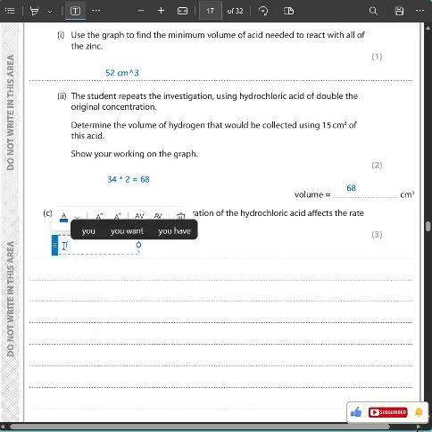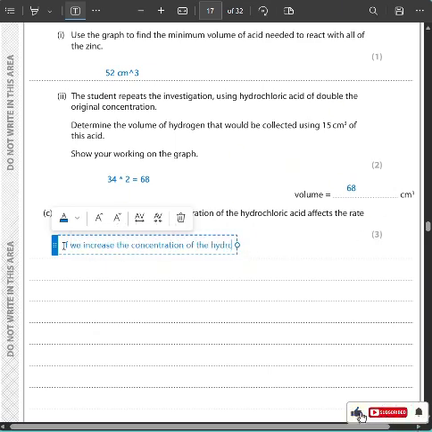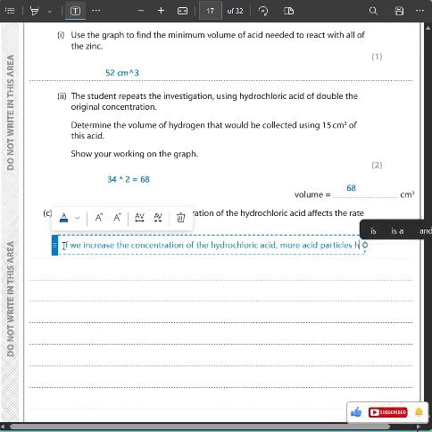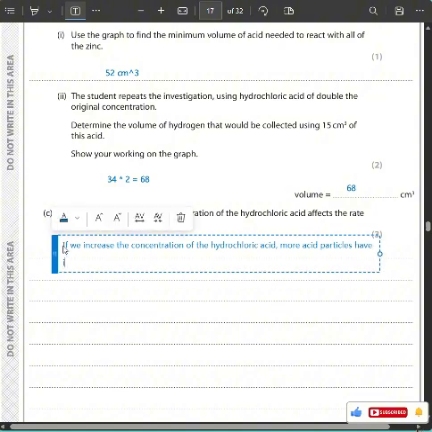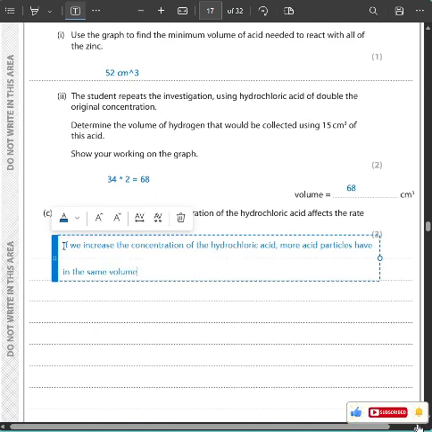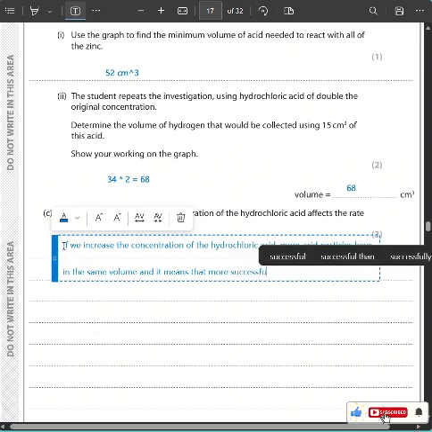Okay, if we increase the concentration of hydrochloric acid, there are more acid particles in the same volume, and it means more successful collisions per second.